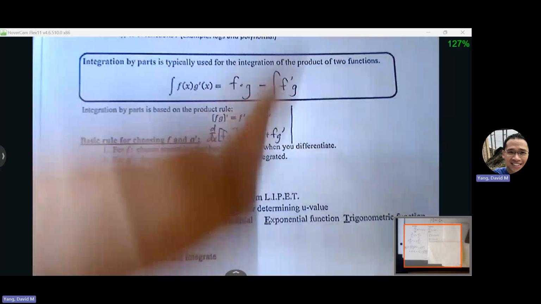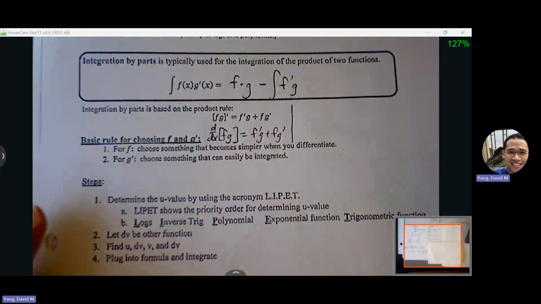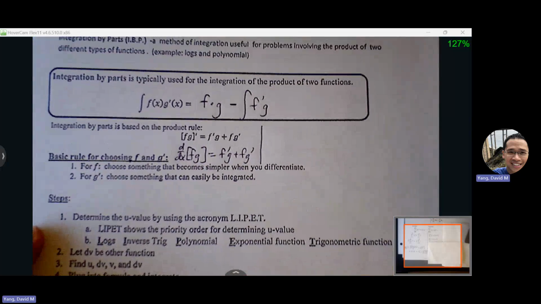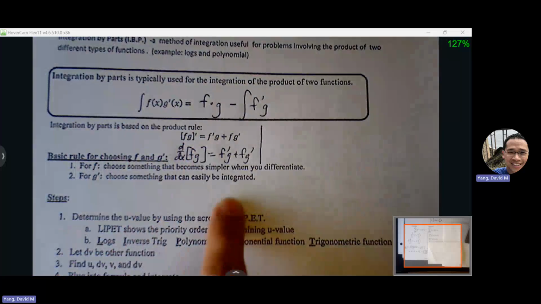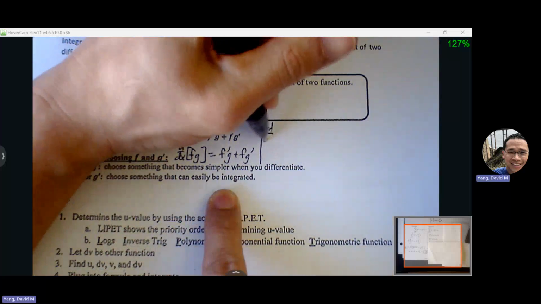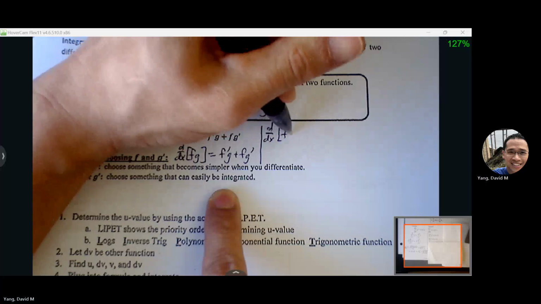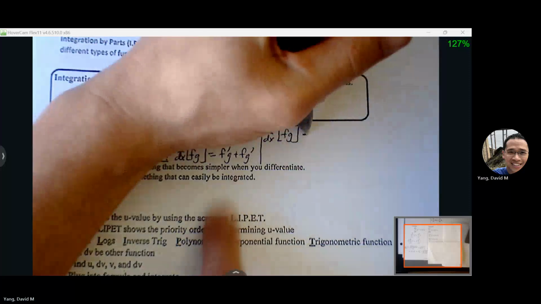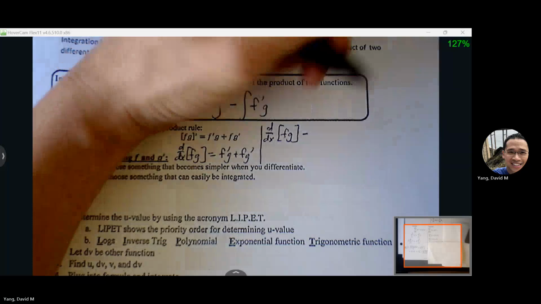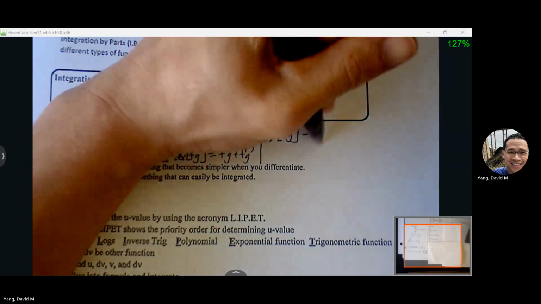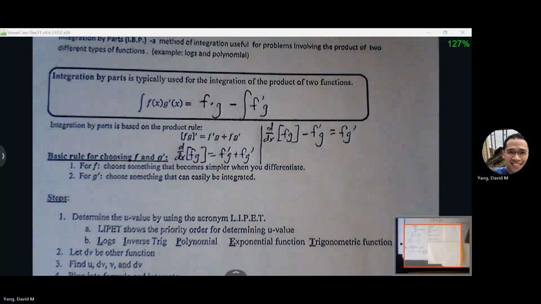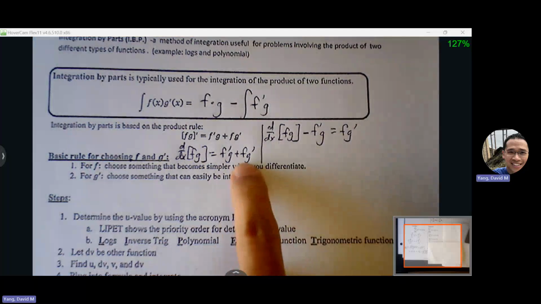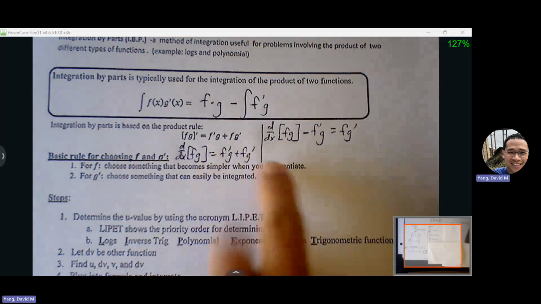Now, really, we don't have to really know this, I just want to kind of show you the connection between this and the derivative rule. So I'm going to rearrange this here. I'm just subtracting that f prime g over to the other side here.